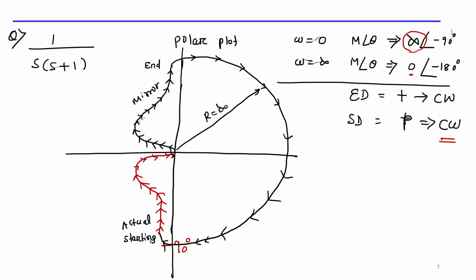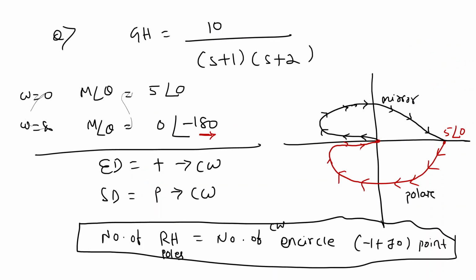You have to make a closed encirclement, and making a closed encirclement is possible only if the infinite radius half circle starts where the mirror image ends and ends where you originally started. Let me call the original starting point 1 and this point 2. Then your infinite radius half circle will start from 2 and end at 1, where you have already started. So like that you have to do here.